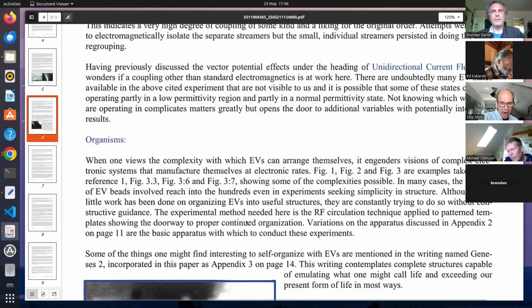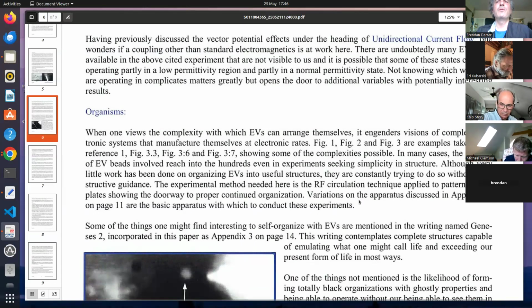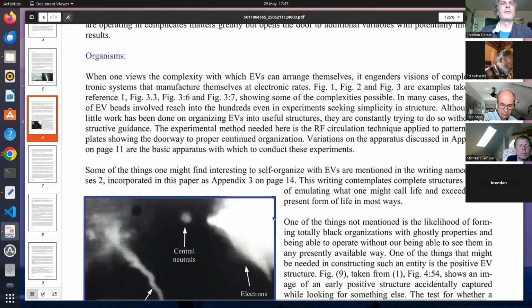The experimental method needed here is the RF radio frequency circulation technique applied to patterned templates, showing the doorway to proper continued organization. Variations on the apparatus discussed in Appendix 2 on page 11 are the basic apparatus with which to conduct these experiments.